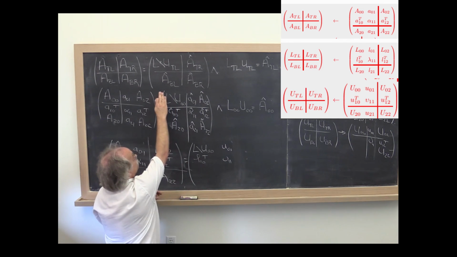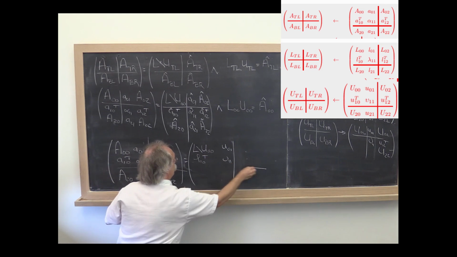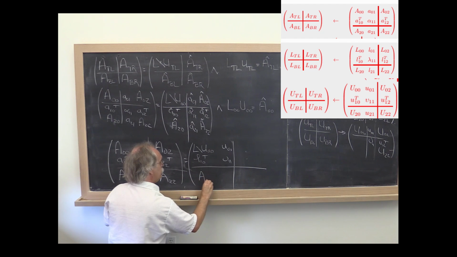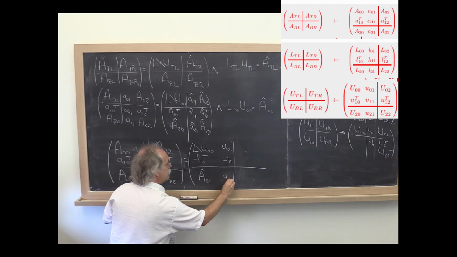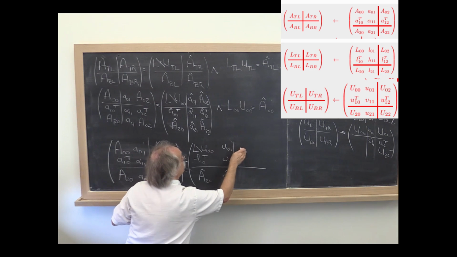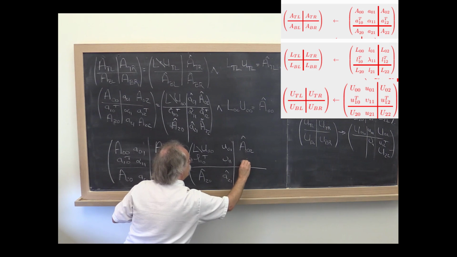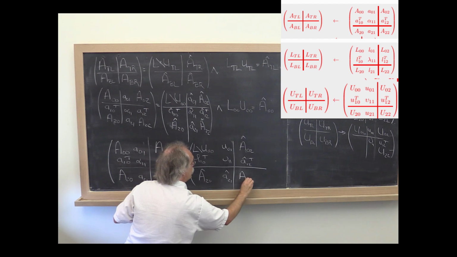That's the top left part. Down here we still have A20 hat, A21 hat. Up here we have A02 hat, A12 transpose hat, and A22 hat.